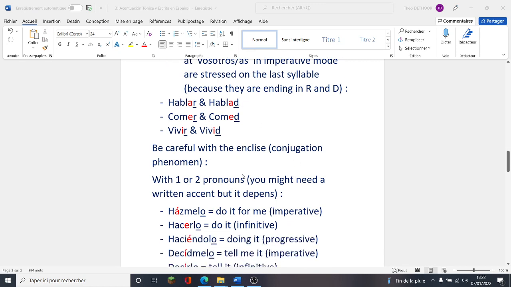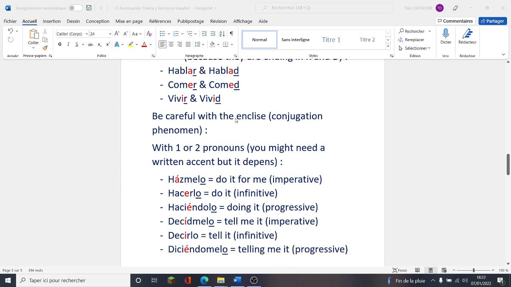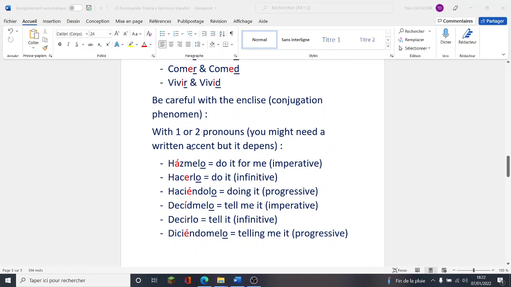Because in the conjugation system you have a phenomenon called enclisis, which is actually a phenomenon that is meant to stick pronouns at the end of some verbal forms, and those verbal forms are basically imperative, infinitive, and progressive forms.